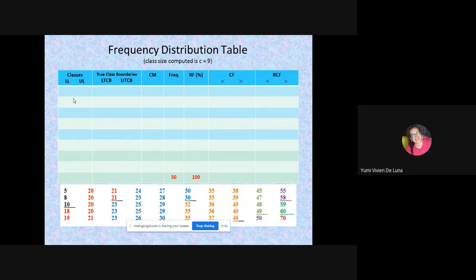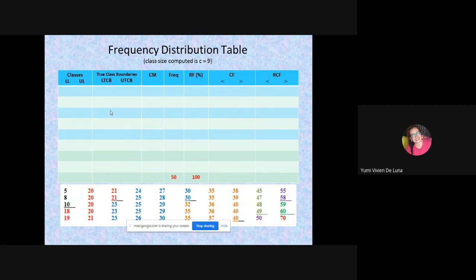Okay, you have the classes, true class boundaries, TM or class mark, frequency, RF or relative frequency, CF is cumulative frequency, and RCF is relative cumulative frequency. In some books, ang name term nila sa classes is class limits. So parehas lang po siya dito. Dito naman, in some books, they term this as class boundaries lang. So dito po pareho lang ulit siya sa true class boundaries.